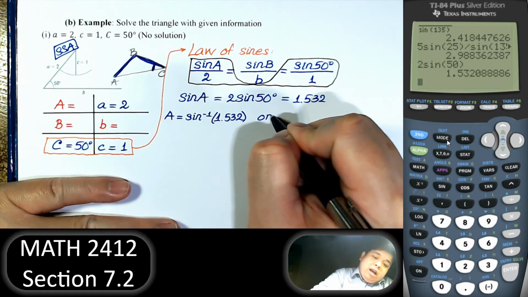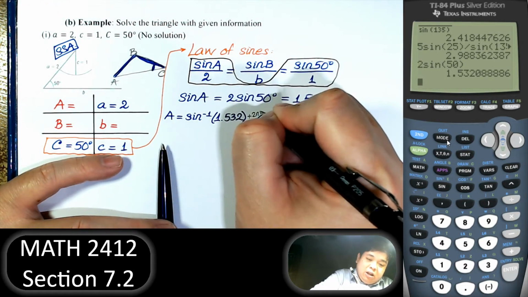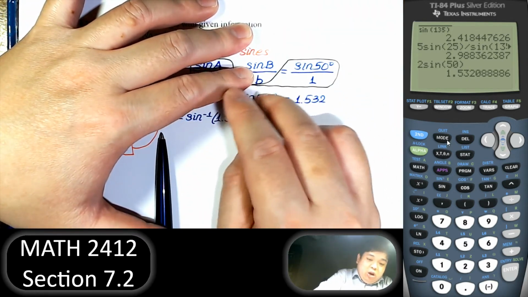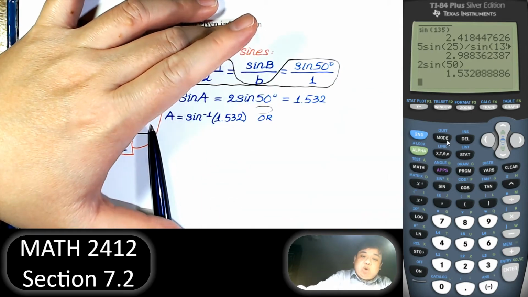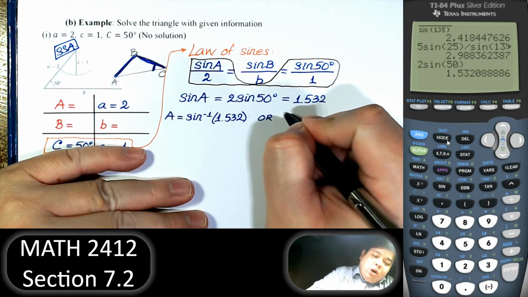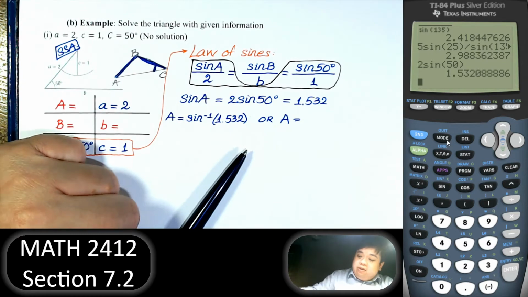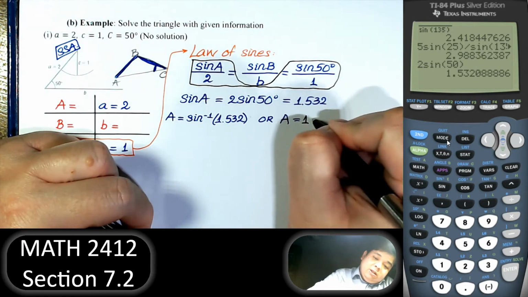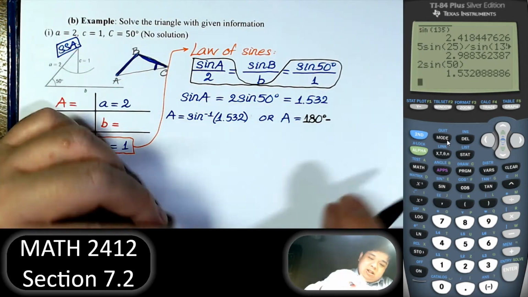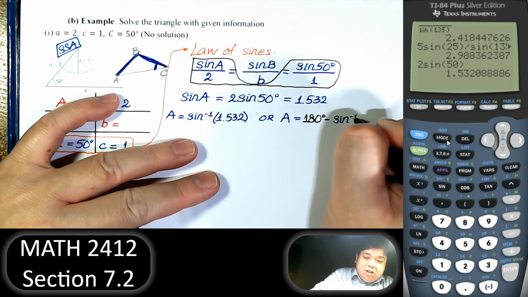Like I said, we're not going to write plus 2n pi because it is just the measure of an angle in a triangle. So it will not be more than 360 degrees for sure, not even more than 180 degrees. Right, so either that, remember sine is either the sine inverse, or we could have the supplement. So either the sine inverse or 180 degrees minus the sine inverse.